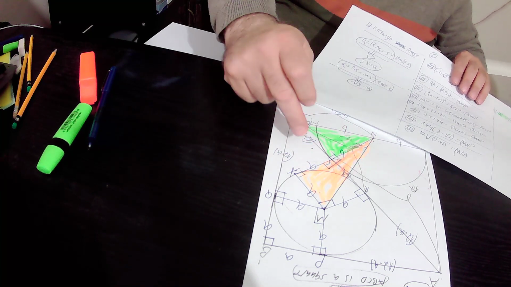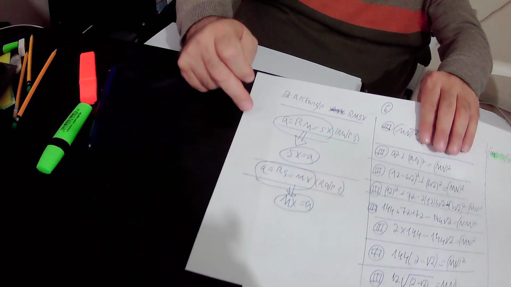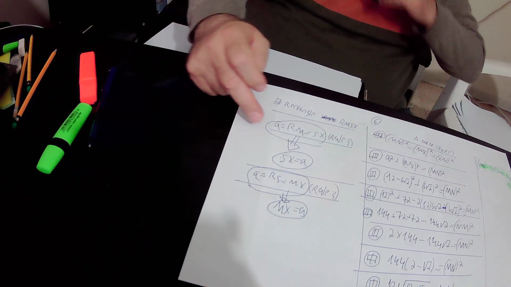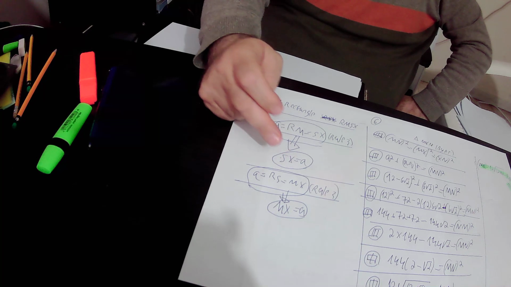Likewise, RS must be equal to MX according to rule number 3.